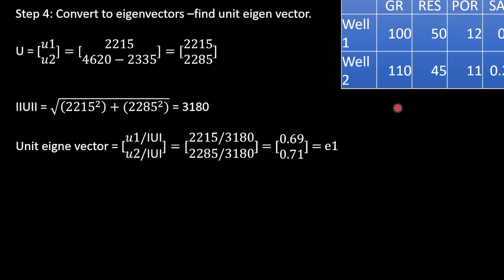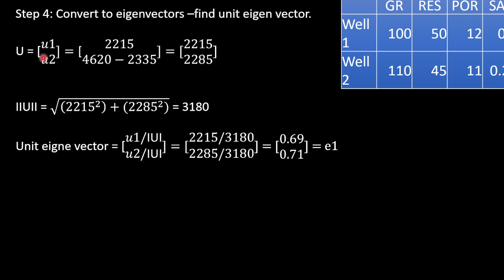Then convert these eigenvectors and find unit eigenvectors. So you have estimated up to now the component vectors, which are eigenvectors. That one you have to convert into unit eigenvectors, not eigenvectors, it is unit eigenvectors. So unit value will be u1 by distance of u, at the same time u2 by distance of u.